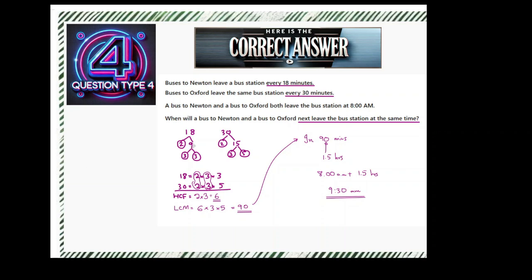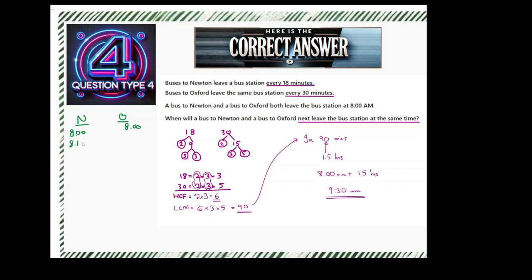Now, you can also do the same question with the other method. If you just decide to increase the time starting from 8 o'clock, so for Newton and then Oxford. So you can do 8 a.m. and then it's every 18 minutes.